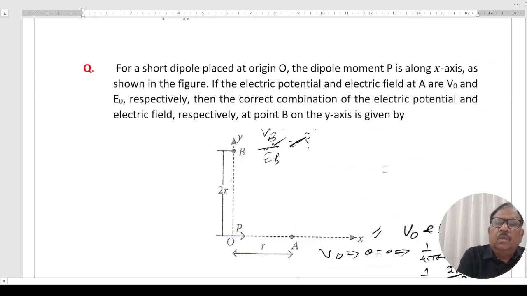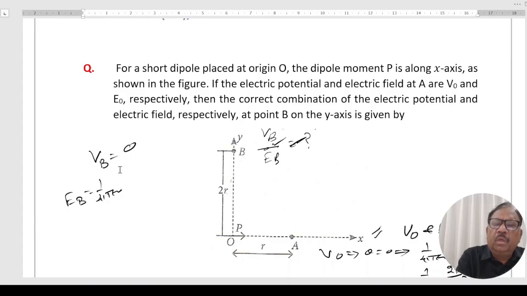Cos 90 is 0. So VB will be 0 and EB will be 1 over 4 pi epsilon naught, P upon distance, here 2r whole cube, 1 over 4 pi epsilon naught P upon 8r cube.